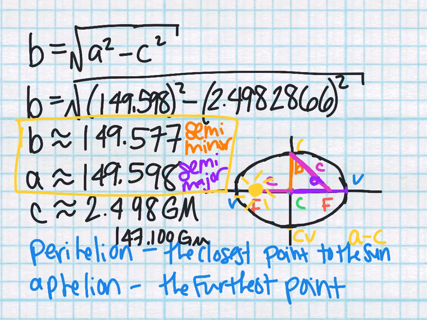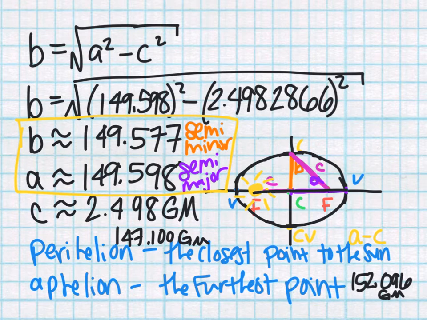If I calculate the aphelion distance, you see, looking at the sun, I'm going to go C plus A. So C plus A tells me the aphelion distance is 152.096 gigameters. So these are very close to each other.